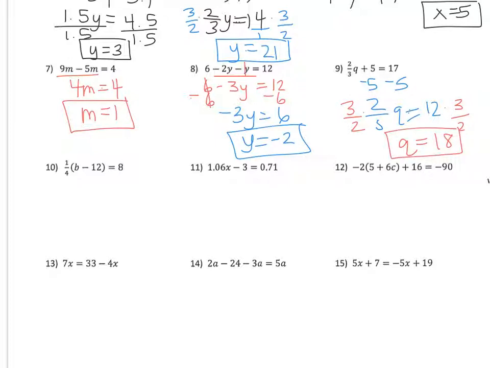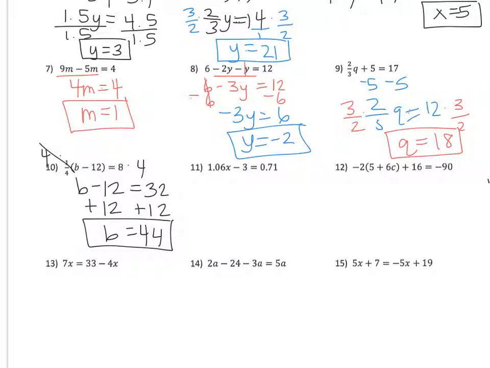And then number 10, you can either do the distributive property, but I'm just going to multiply both sides by the reciprocal, which is 4. This cancels out, so you're going to have b minus 12 equals 32. So add 12 to each side. b equals 44. And then 11, you add 3. So 1.06x equals 3.71.